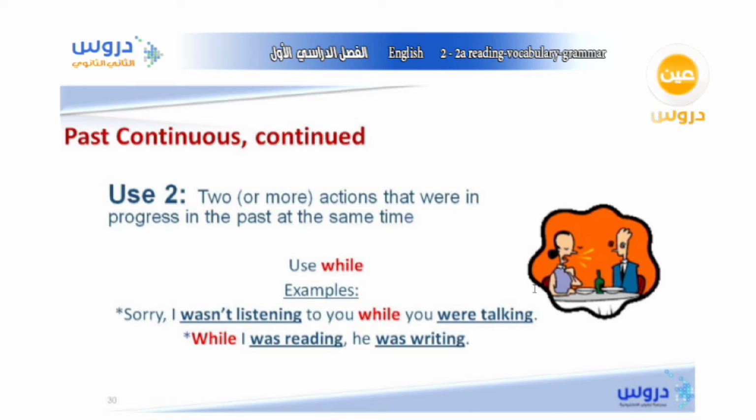Do not forget that, please. And while I was reading, he was writing. Okay? So in the past progressive or continuous, if you have two actions happening at the same time, use while. Sounds clear for you?